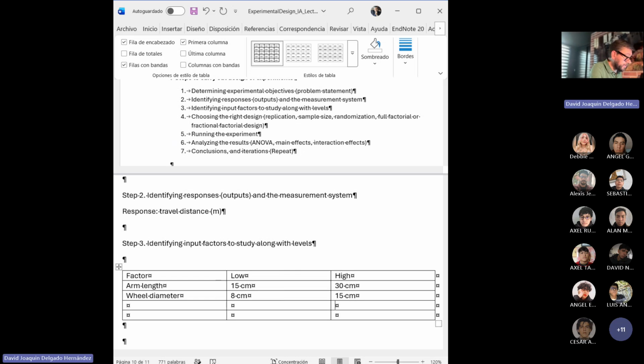Then I am going to put here the axle friction. It's a new variable, which is high and low. And finally, I am going to use the vehicle mass, which is going to be 300 grams and 600 grams. Perfect.